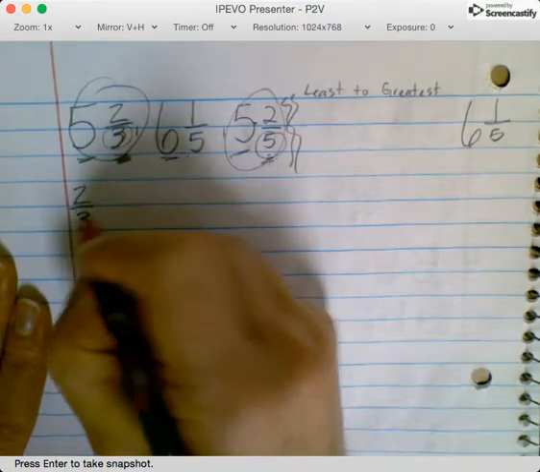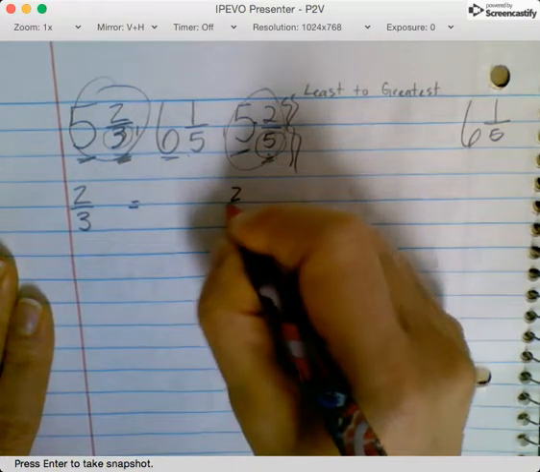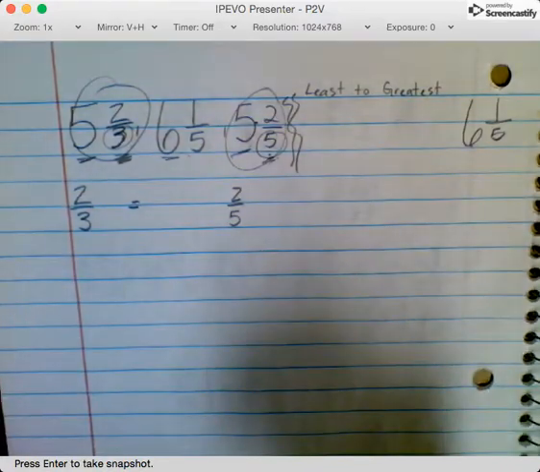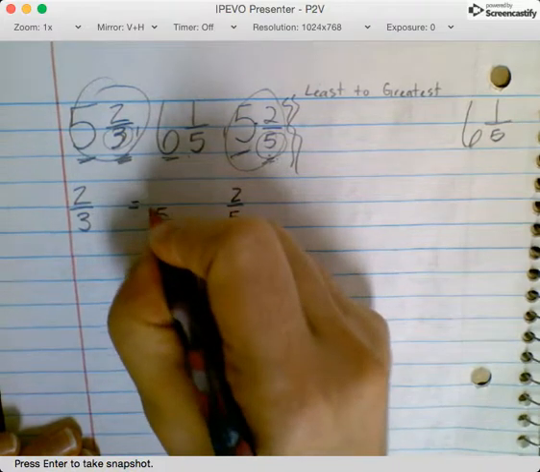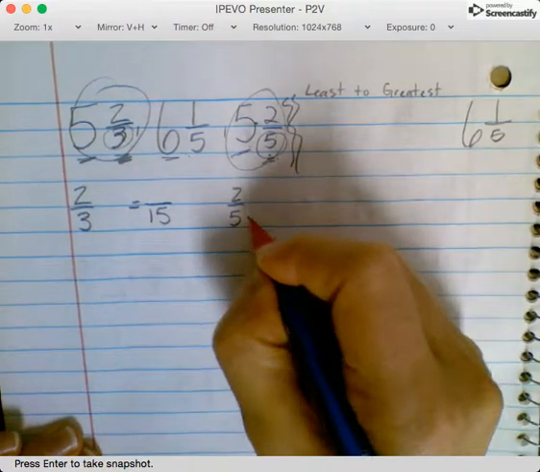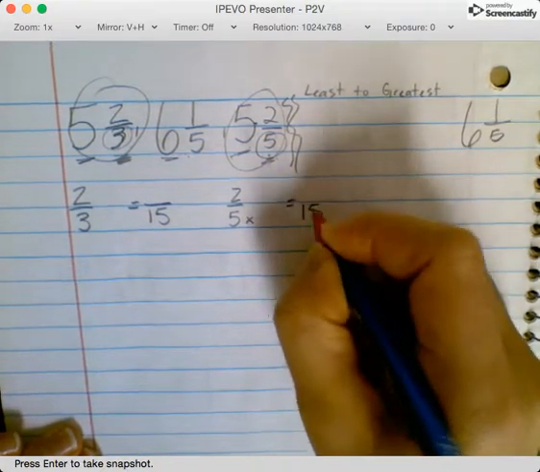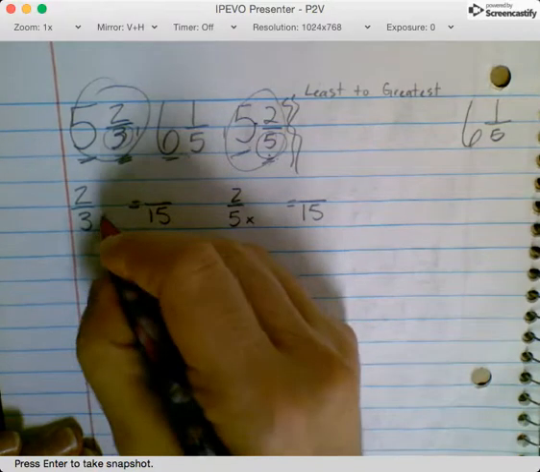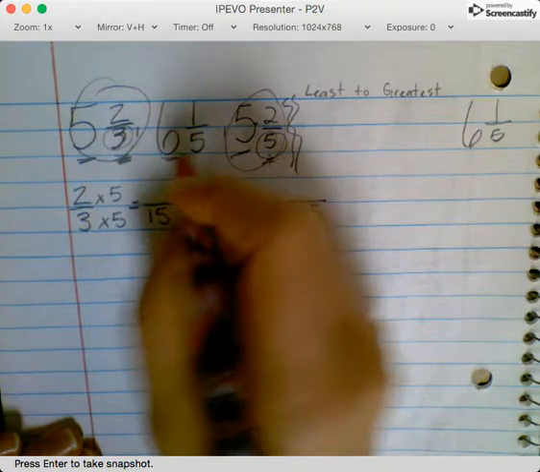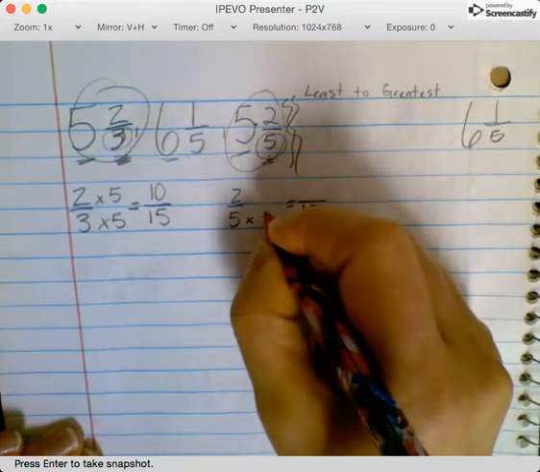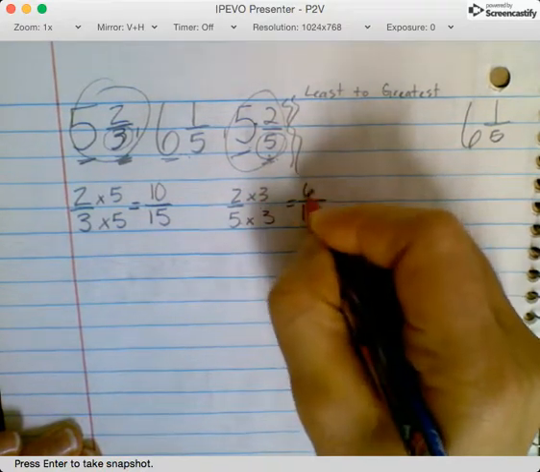And that means my 2/3 and my 2/5 I can make into 15ths because 3 and 5 both go into 15. So I can take 3 times 5 to get 15. That means I also take my 2 times 5 to get 10. 5 times 3 is 15. 2 times 3 is 6.